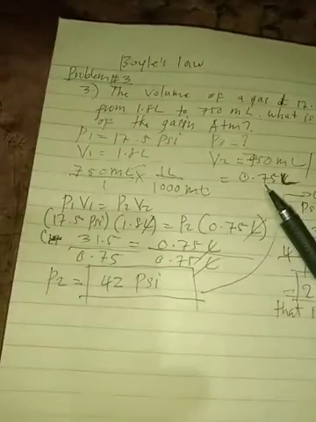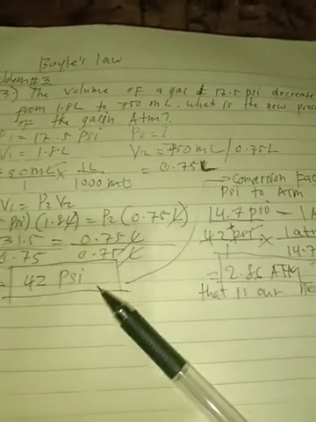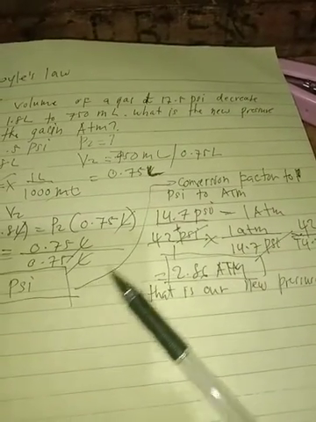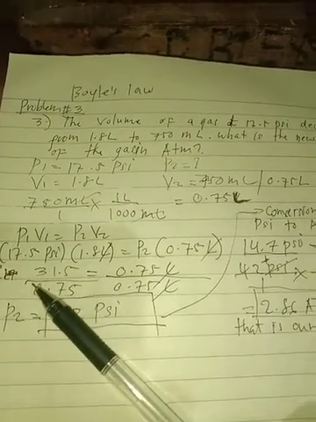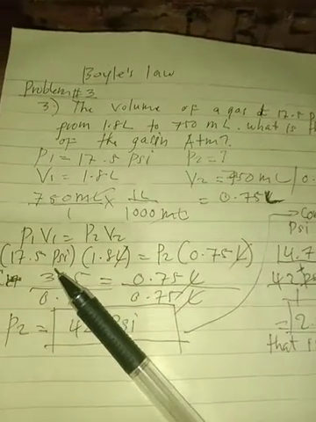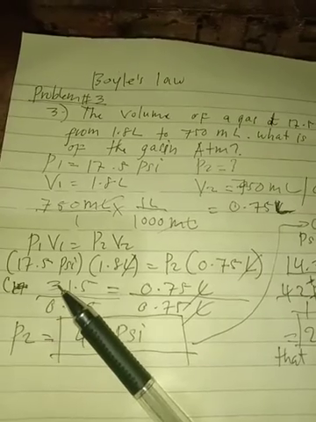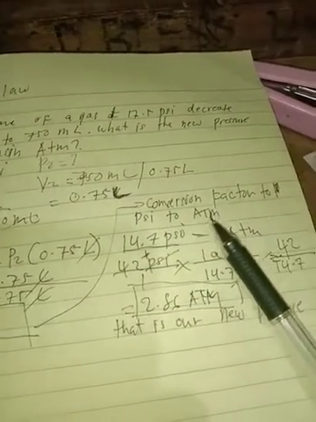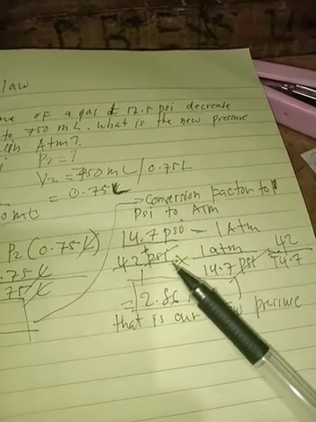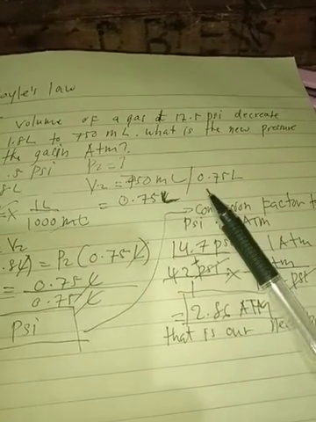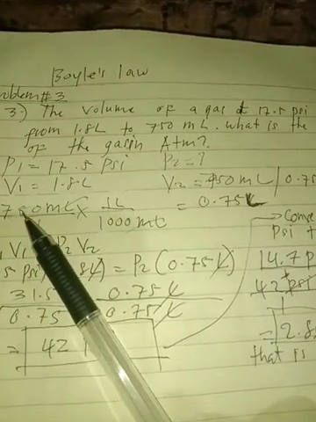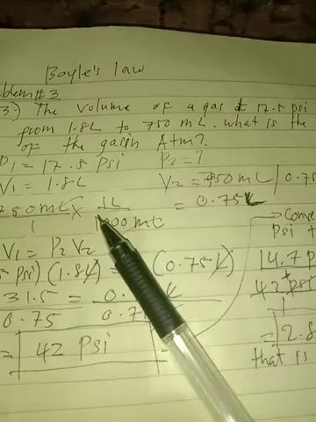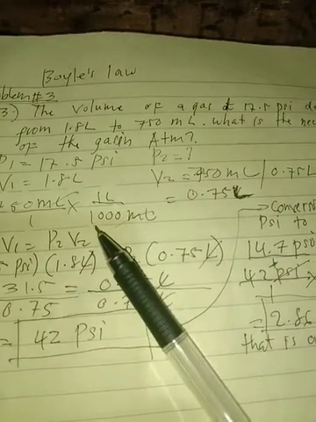So we are going from ml, we are going to convert to liter. But before that, we are going to give a conversion here: 1 liter is equivalent to 1000 ml.